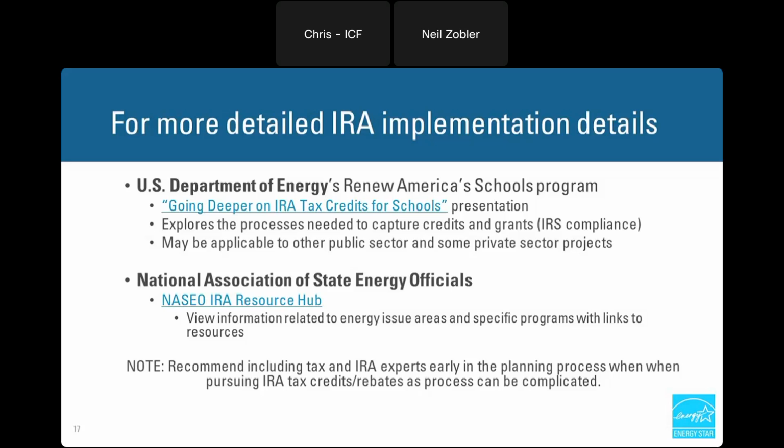They will go through a deep dive into what is required in order to qualify, and it explores in detail the processes needed to capture these credits and grants in order to be in compliance with the Internal Revenue Service. As I had mentioned, applicable to other public sector organizations and private sector projects as well.